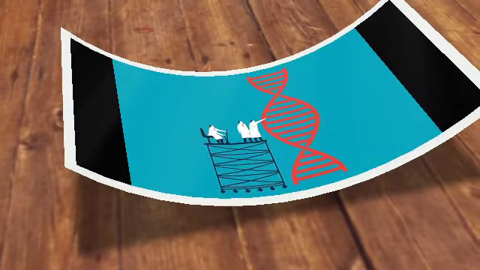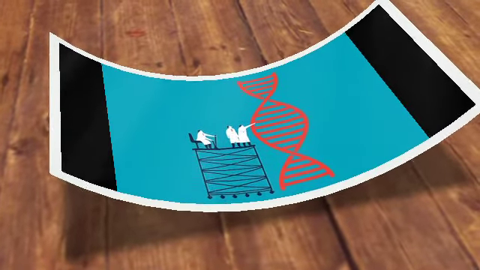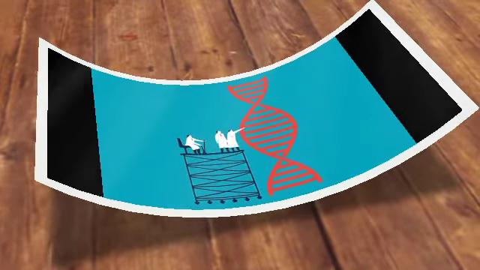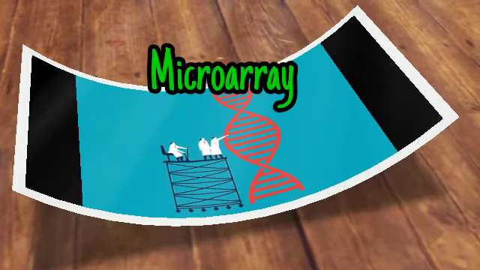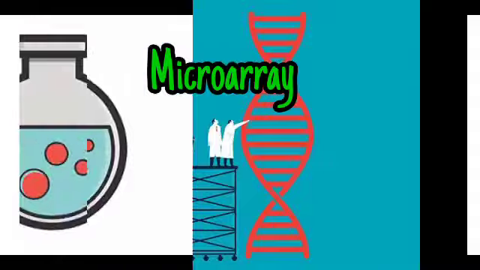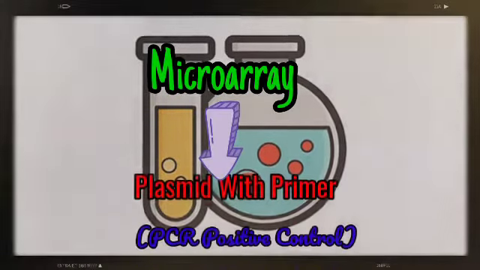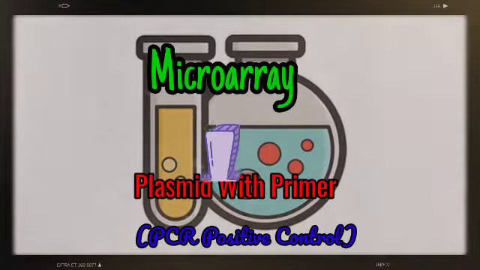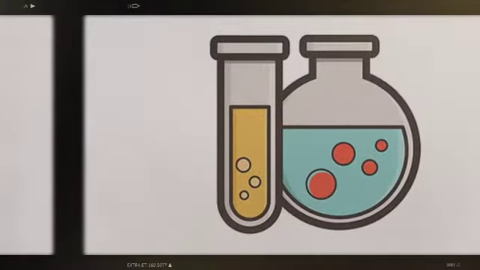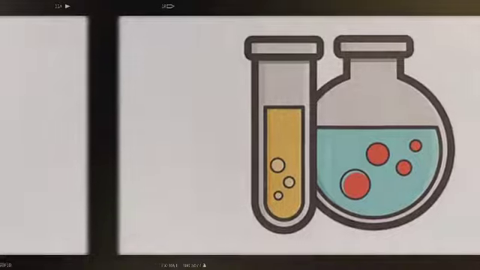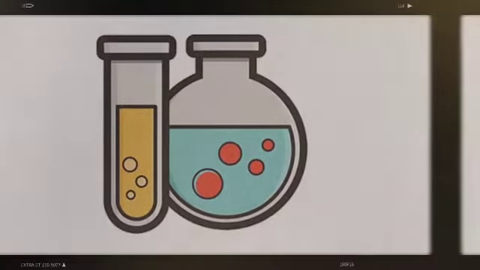Within the RT2 Profiler PCR assays that we have seen can be used in microarrays, the positive PCR control, that is PPC, wells contain a plasmid with a primer assay that detects a sequence it produces. This allows for quick confirmation of the performance of the PCR steps.